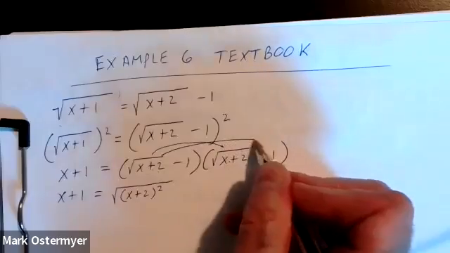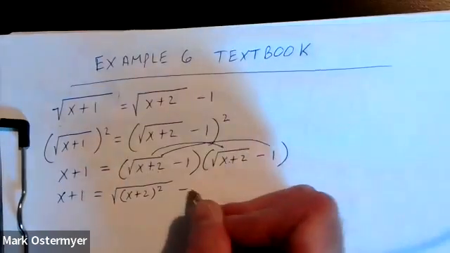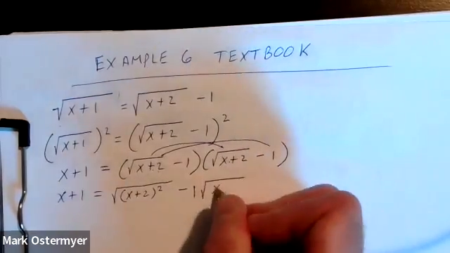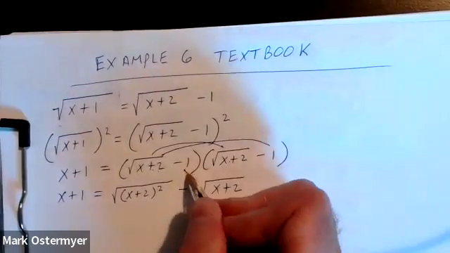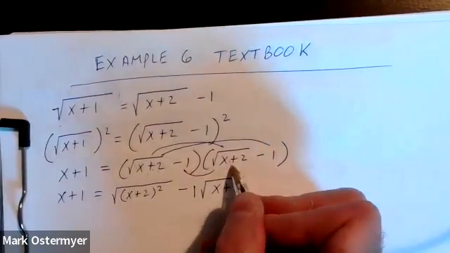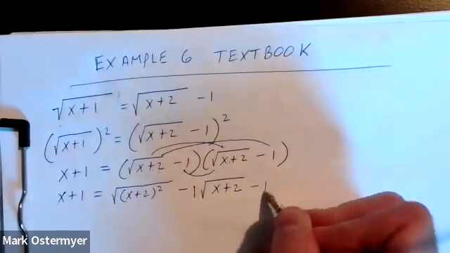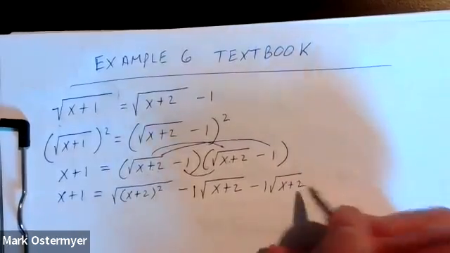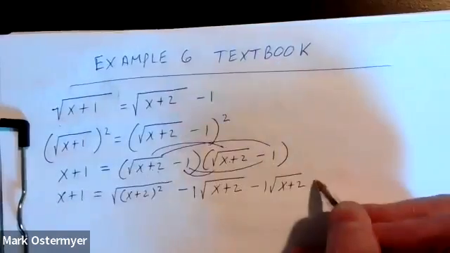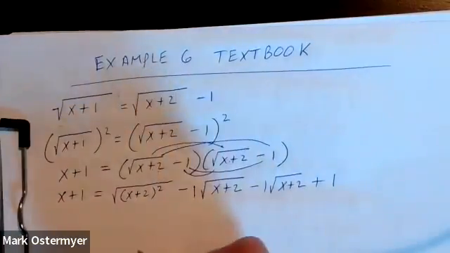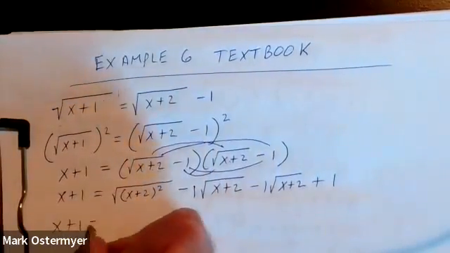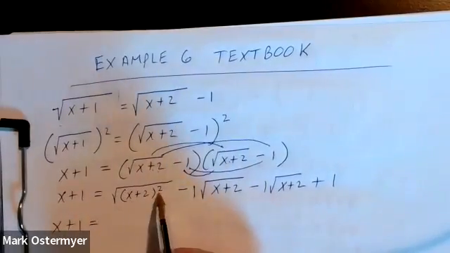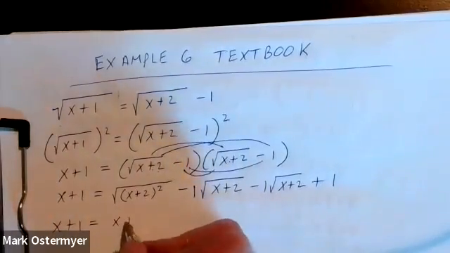The square root of x plus 2 times -1 way over here is -1 times the square root of x plus 2. Multiplying the inner terms together, -1 times the square root of x plus 2 is another -1 square root of x plus 2. And -1 times -1 is +1.